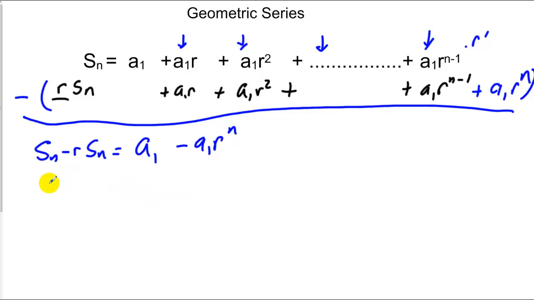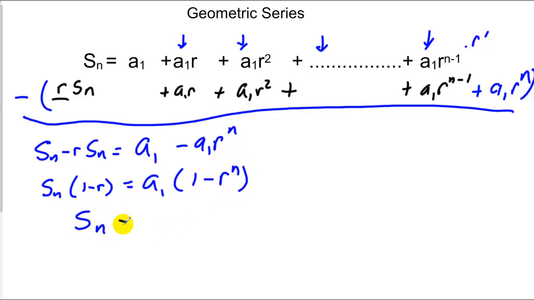And he said, but what I really want to find is this sum value. So he factors and gets 1 minus r. You could actually factor this as well. You get a1 over 1 times 1 minus r raised to the n power. And then the sum is equal to the first term times 1 minus the ratio to the nth power all over 1 minus the ratio.